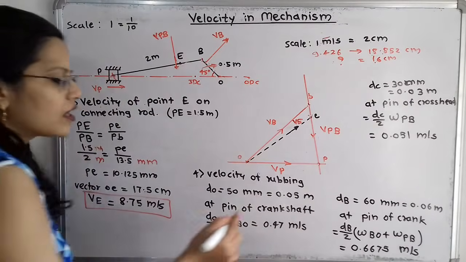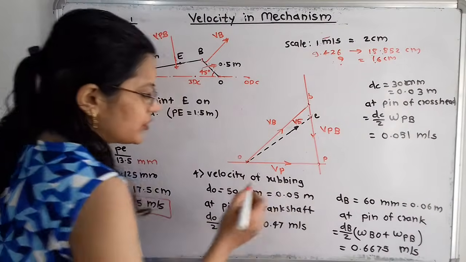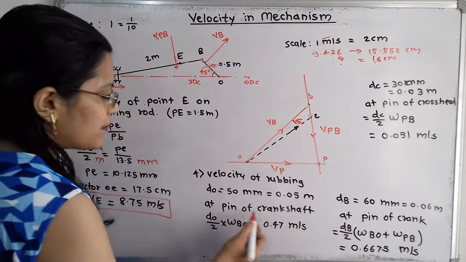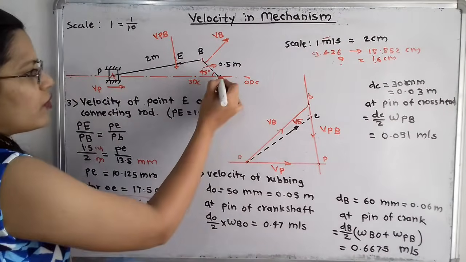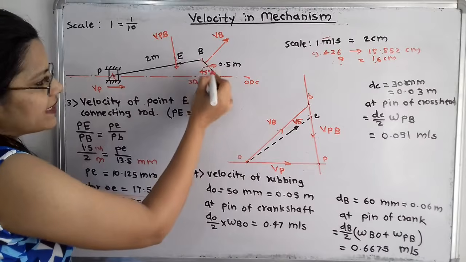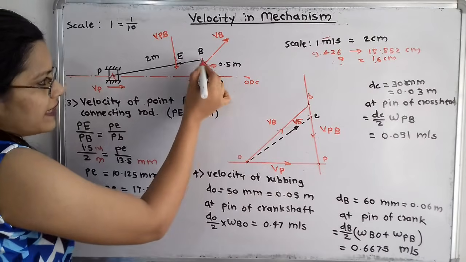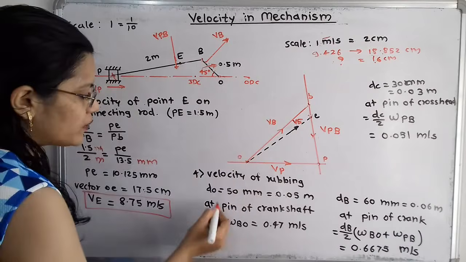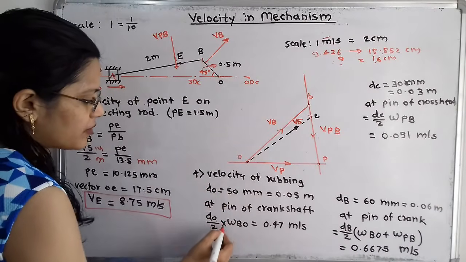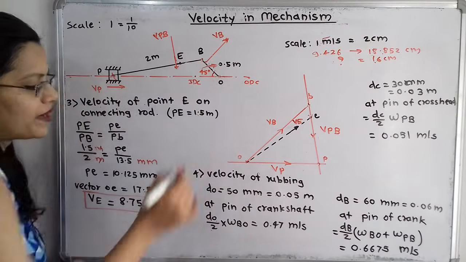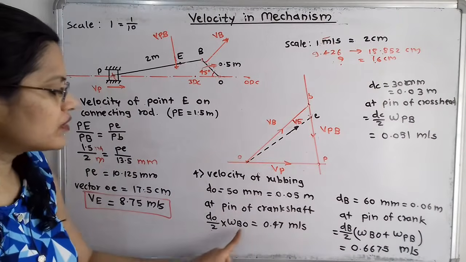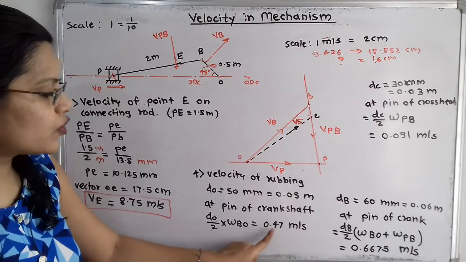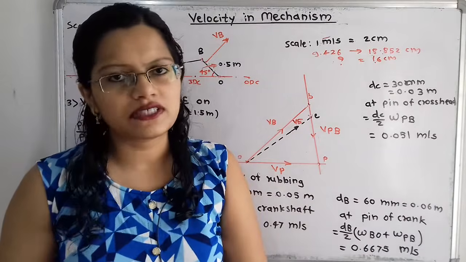We have to convert it into meter, that is 0.05 meter. At the pin of crankshaft, only one link is attached, that is this crank OB. So we take omega OB: DO by 2, that is this diameter divided by 2, multiplied by omega BO. When we put the values, we get 0.47 meter per second.